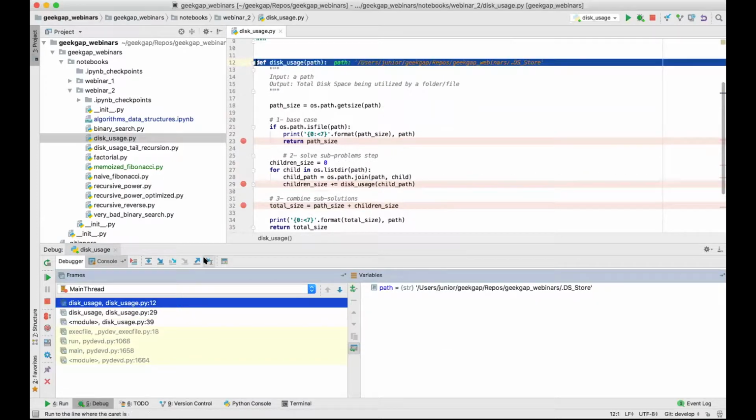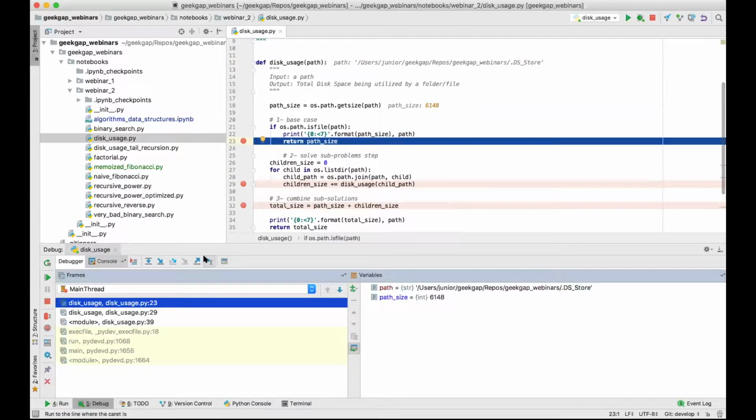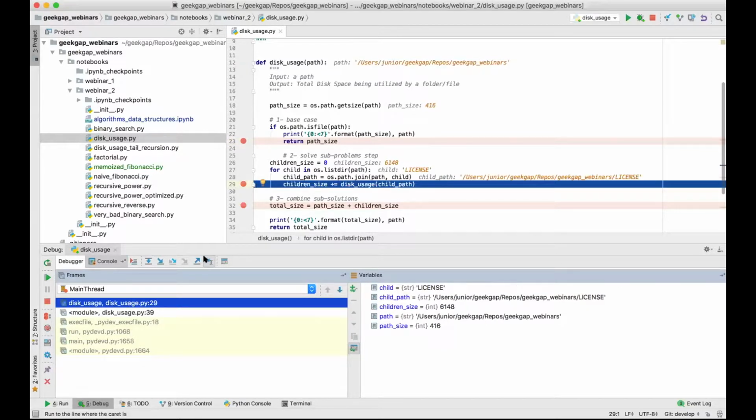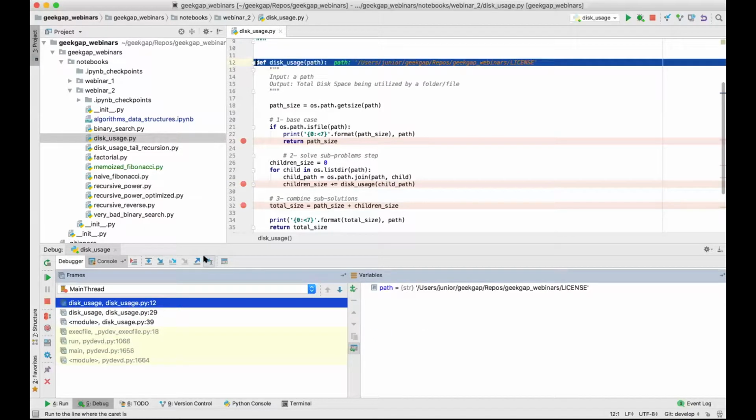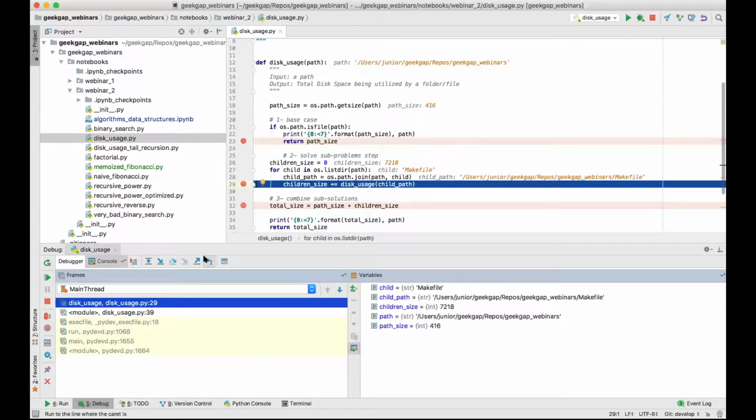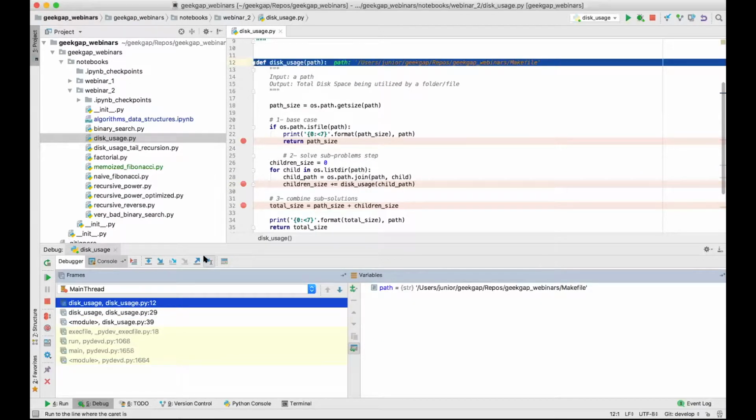So if I go to the next step of the debugger, you can see now that the current path is dstore, which is a file. So we enter the base case and so on. Now we are out again. Do you follow? So it's really recursive, and each time, for each child, we compute the size and accumulate it in this variable here, children size.